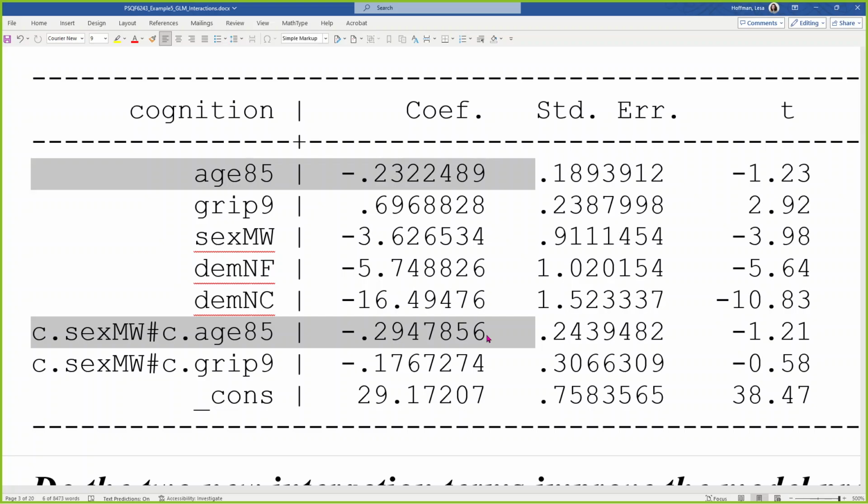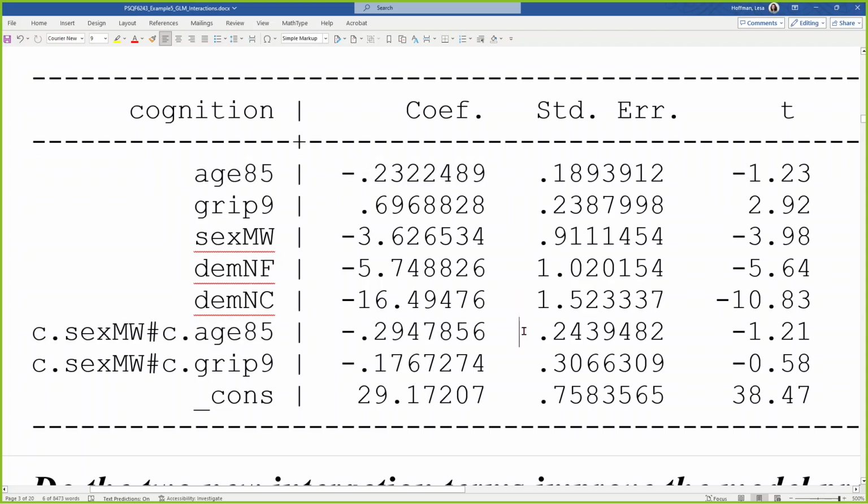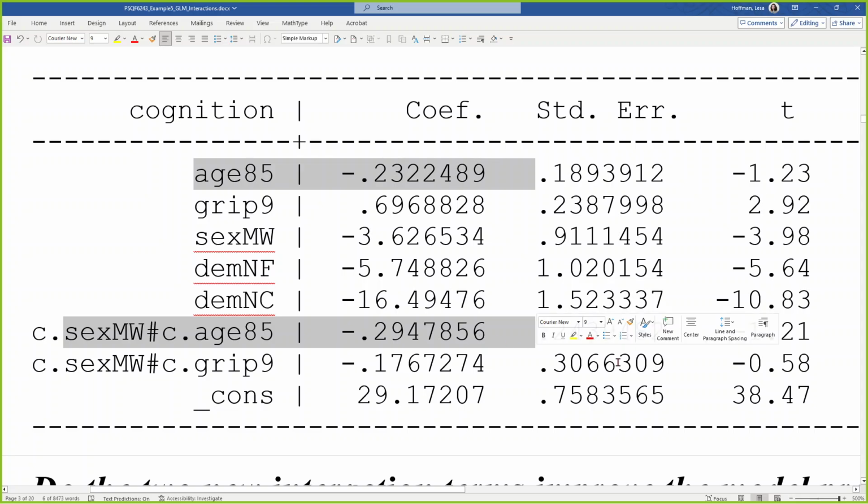Is the effect of age stronger or weaker in women, given that the interaction term made the age slope more negative? Stronger. Age is more bad for you if you're a woman. Gender is a risk factor for the harmful effects of aging.